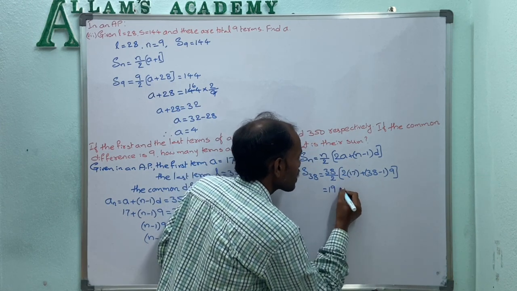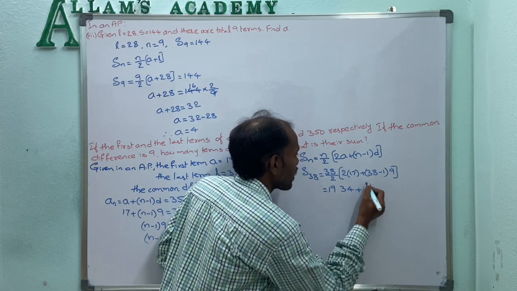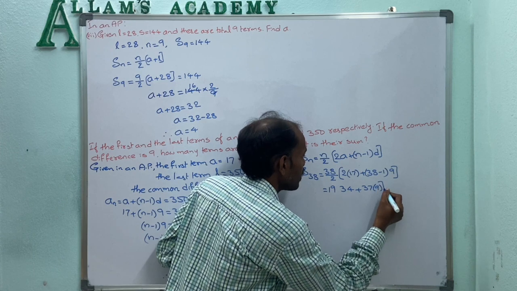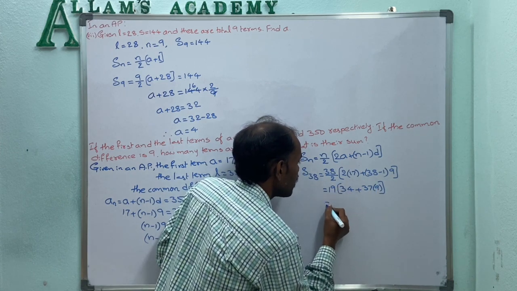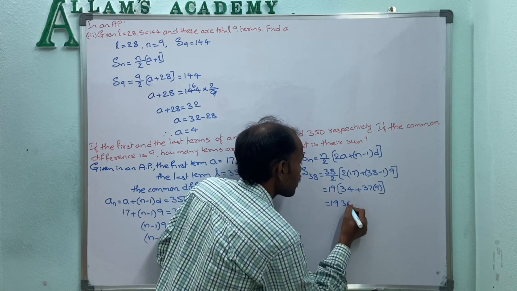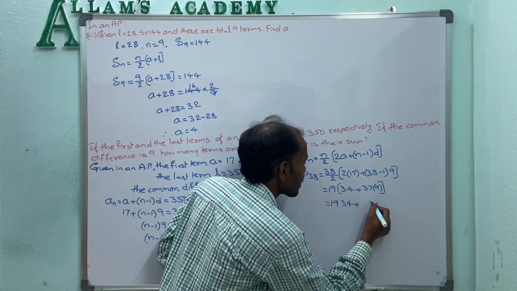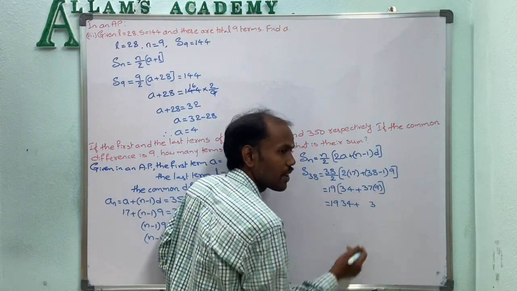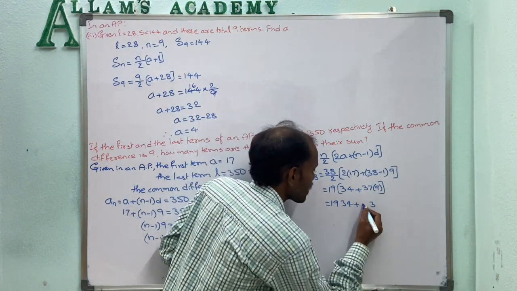2 seventeens are 34, plus 38 minus 1 equals 37. So 37 into 9: 9 sevens are 63, 9 threes are 27, 27 plus 6 is 33.